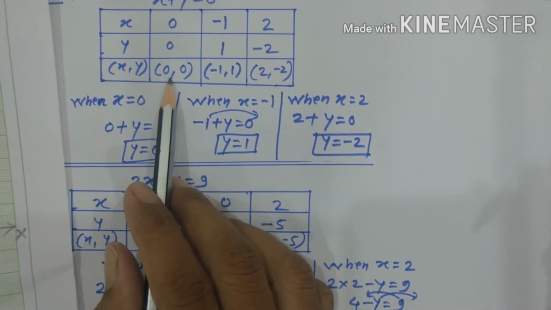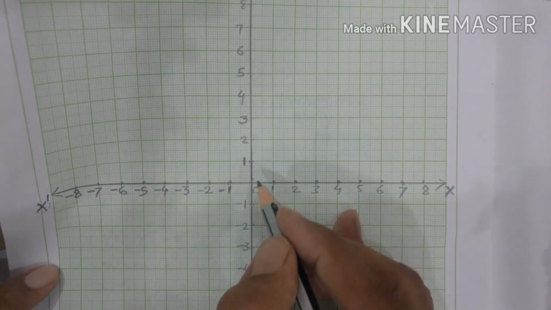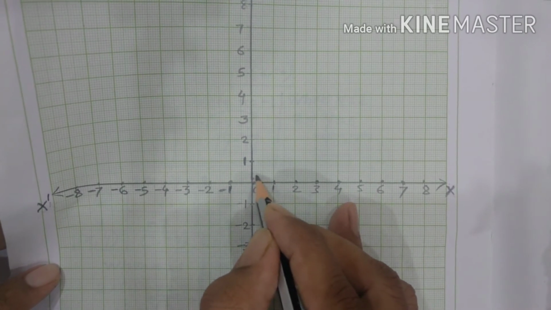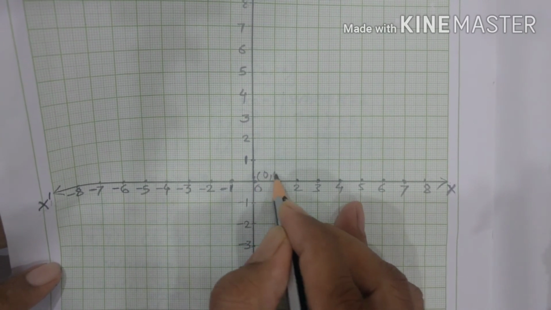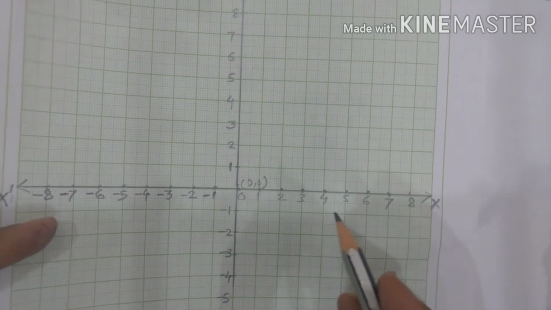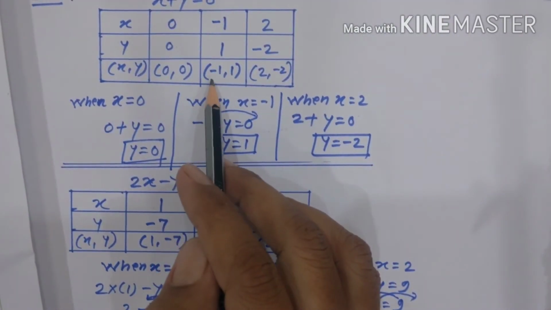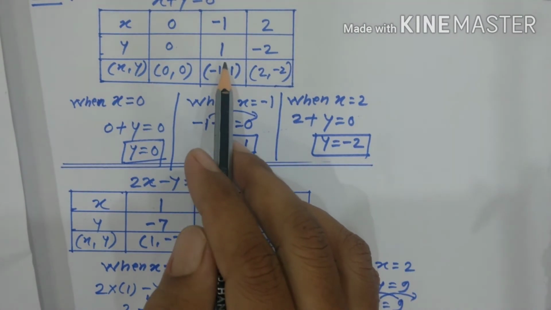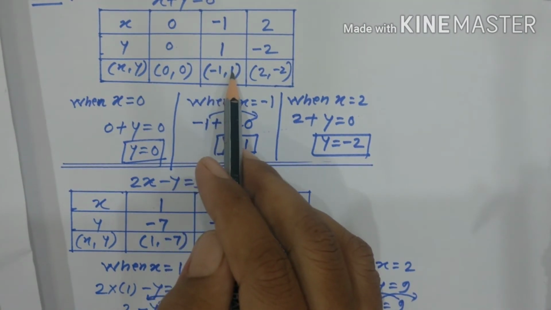Now we plot the points of the first equation. Our first point is 0, 0. Point 0, 0 will be on the origin. Our second point is minus 1, 1.